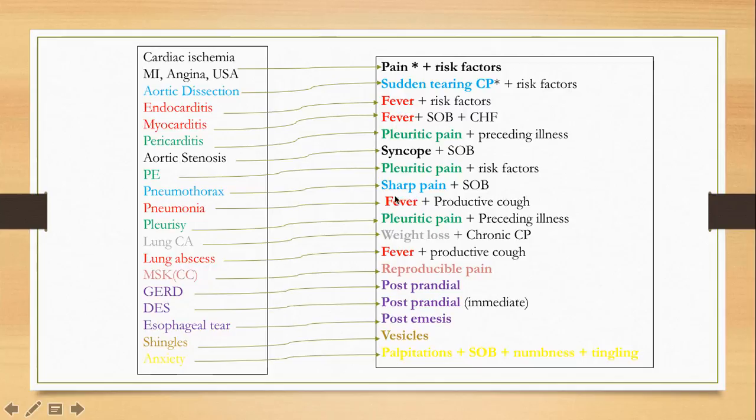So fever, if it is present, then you think about these 4 things. If, when you're asking about pain, it was indeed pleuritic chest pain, then of course you ask about these 3 different things, or think about these 3 different things, or ask more detailed and specific questions. If you asked about the postprandial nature of the pain, then of course you think about this. If you asked about weight loss, then definitely think about lung cancer.